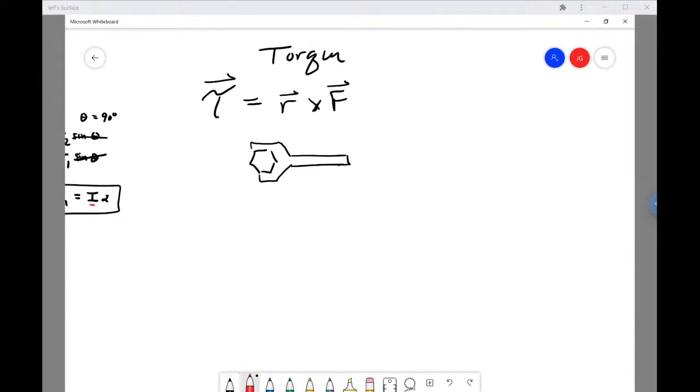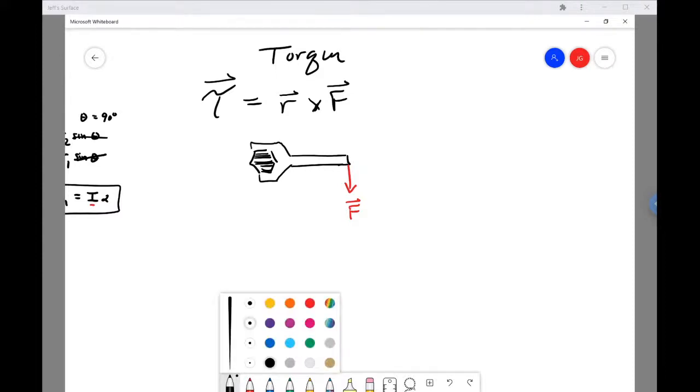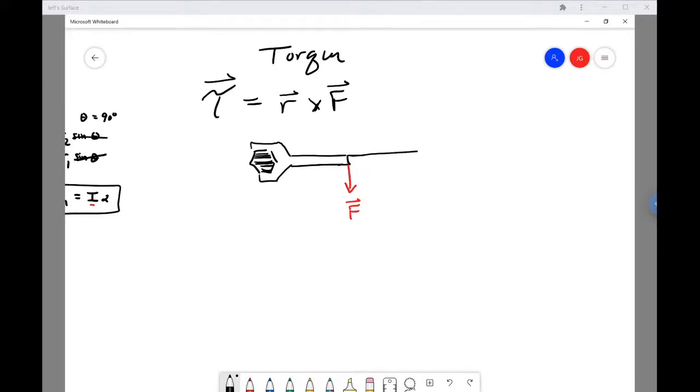You grab it and exert a force to try to rotate this nut, and it doesn't budge. In the real world, you're trying to loosen a bolt and it won't come loose. Well, what I do is see if I have a longer wrench or socket.